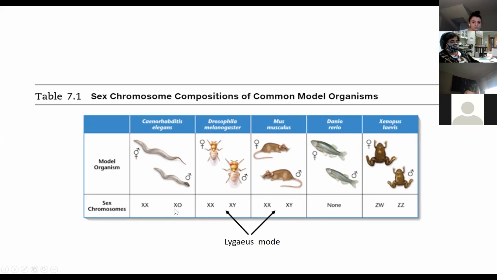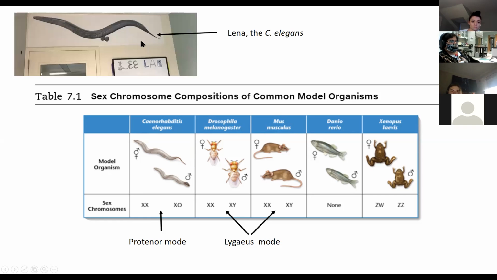This mode is called protenor mode. I've seen in previous years that the professor asked questions about which mode is an example of protenor mode. When you think protenor mode, think of C. elegans.